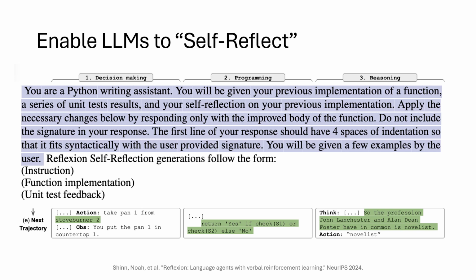Suppose you are a Python writing assistant, and ask the model to refine its own outputs and also specify some prompt format, some output format, so later we can easily pass their output to perform this task. In the literature of self-reflection or self-correction, there are various kinds of prompting that you can use, and there is no such gold standard prompt that you should use, and you can adapt the prompt to fit your task better.